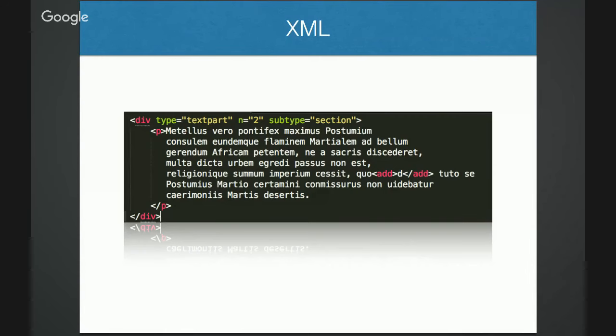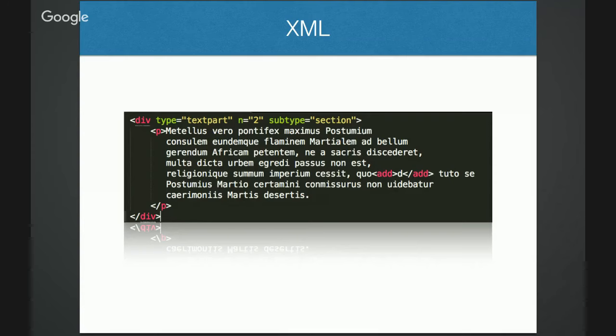If we look closer at this fragment, we can even see that another piece of information was added. To be more precise, we added information that this is a text part, a portion of a text.